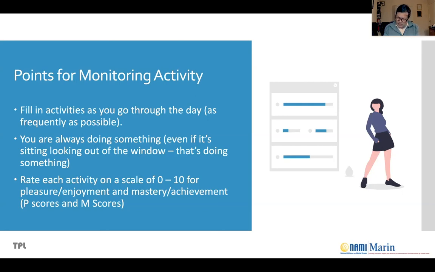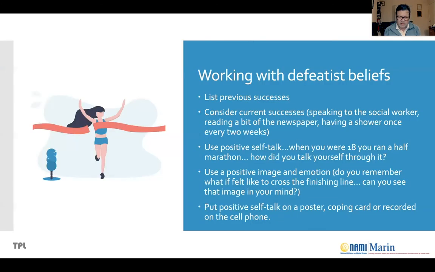And then maybe, now that we've got a little bit more pleasure from that, we can see other areas where we can slowly build. You're always doing something. Are you mastering it? And is there pleasure there? So we're going to score it on the activity schedule.